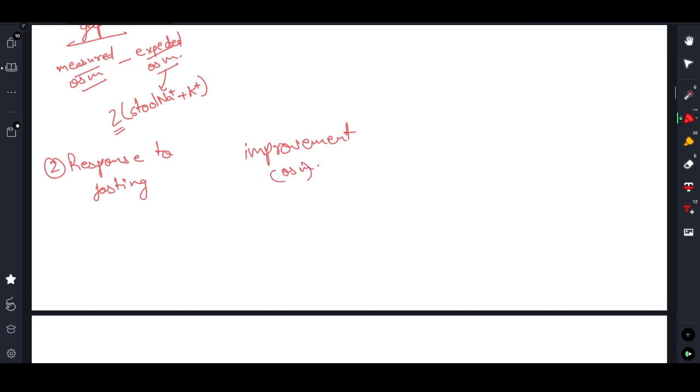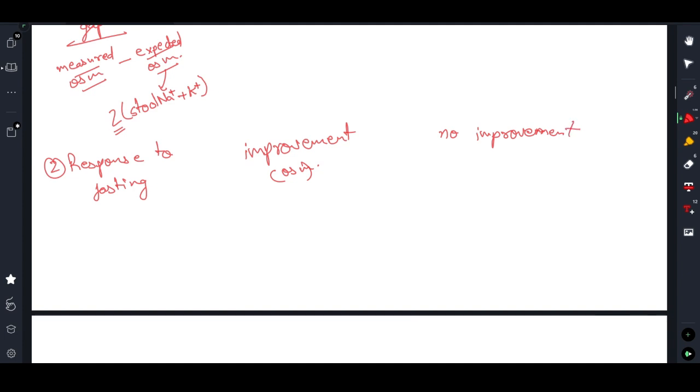Whereas in case of secretory diarrhea, what will happen is that irrespective of whether you consume food or not, right, whether there are nutrients in the lumen or not, the toxin or the substance released by the tumor is still present, right, and it is still activating the secondary mediators. So here you will see no response to fasting, right? There will be no improvement in case of secretory diarrhea, because here the etiological agent is yet present.